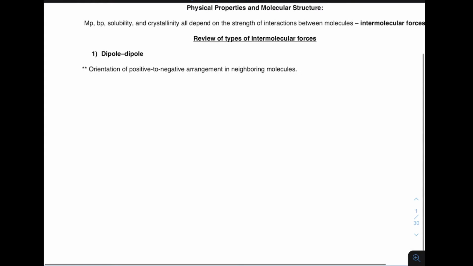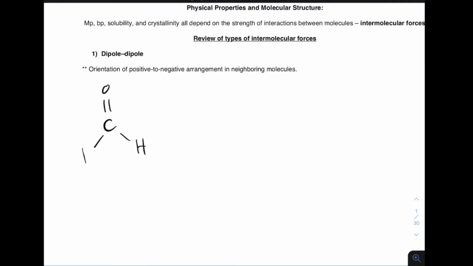And if you remember from our conversations about dipole moments a few lectures ago, from a dipole moment there is a partial positive and partial negative charge. So if we look at this molecule here, formaldehyde, we know that oxygen is more electronegative than carbon, so when we draw our dipole moment, it's going to look like this.